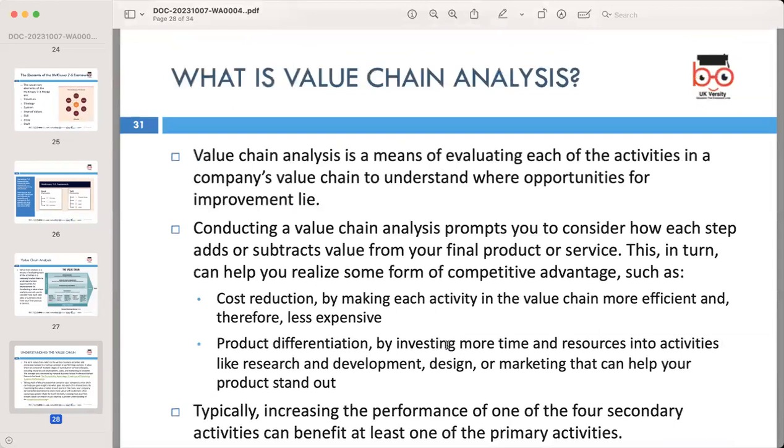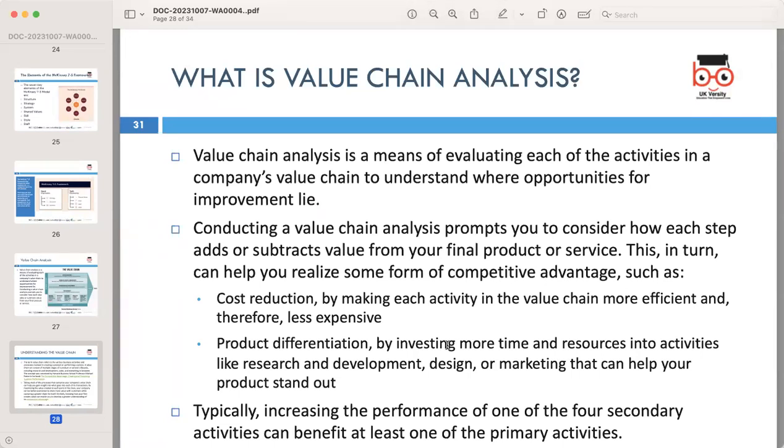So by conducting a value chain analysis, a business can reduce cost by making activities more efficient, differentiate products by investing in areas like research, design, or marketing, and enhance overall performance by maximizing the value added at each point in the chain.